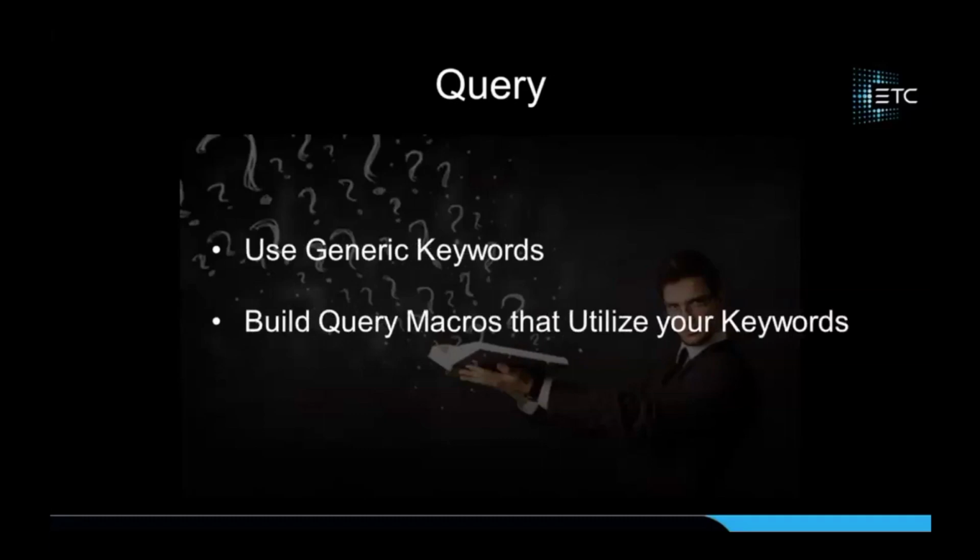One of the main basics of how we get query to work for us is with the keywords in the text fields in the patch database. And I would suggest using very generic keywords because you can use those on every show. If you call something front of house, you're going to have a front of house on pretty much every show.